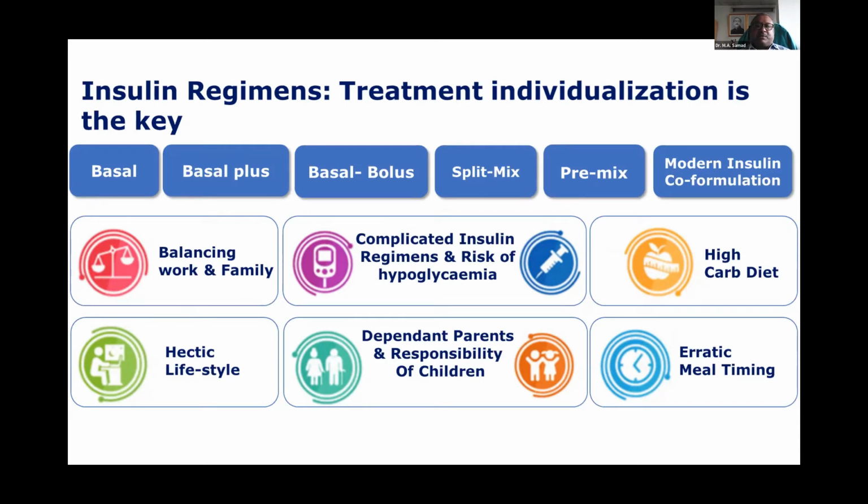Treatment is always individualized. Whenever you are choosing any regime, you have to keep in mind all these factors. And the regimes are basal only, basal plus, basal bolus, split mix, premix, and modern insulin co-formulation.